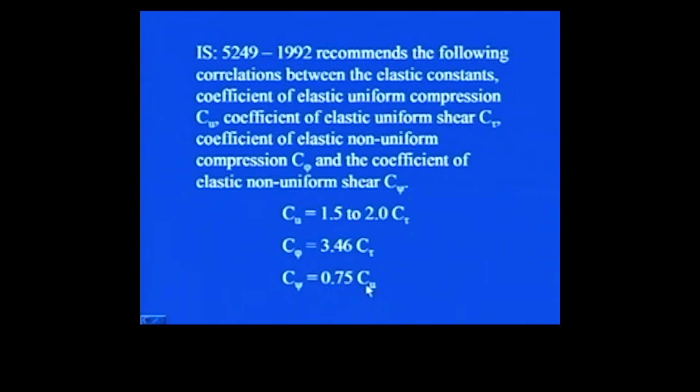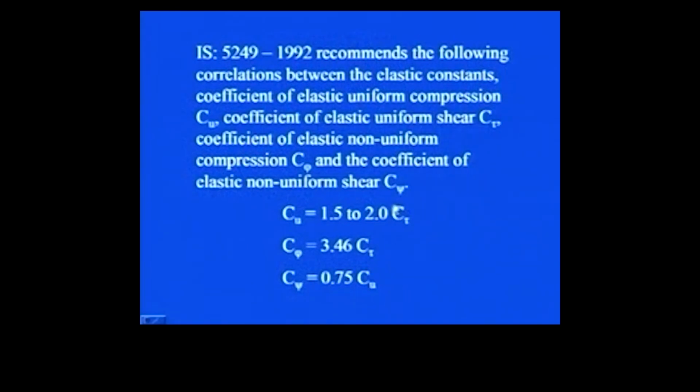See, many a times it is not possible to conduct, let us say, either of the tests. Maybe it is possible to conduct cyclic plate load test, but vertical vibration test or horizontal vibration test is not possible to conduct. So what happens is that you conduct any of the tests, get at least one value of this constant, then empirical relations are available to correlate that.